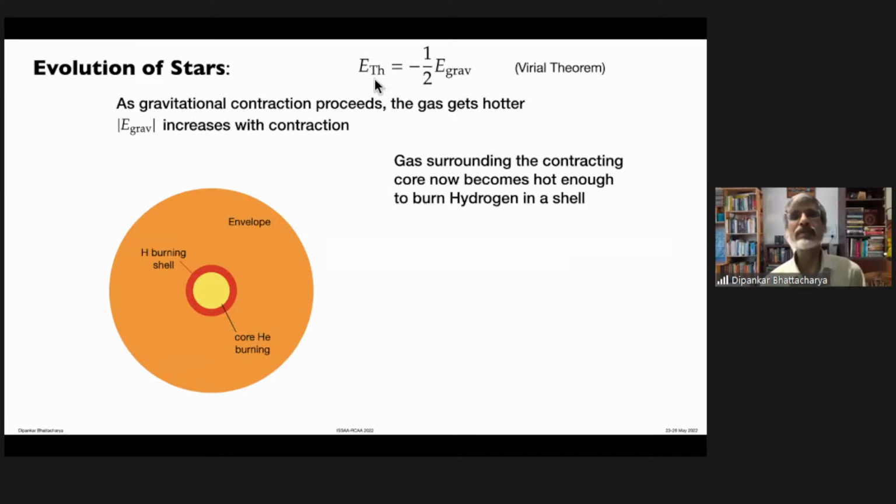Now, by virial theorem, as the core contracts, it releases some amount of gravitational energy, and half of that goes into heating the material in and around it. So as the gravitational contraction proceeds, the gas will get hotter as the magnitude of E gravitation increases with contraction.